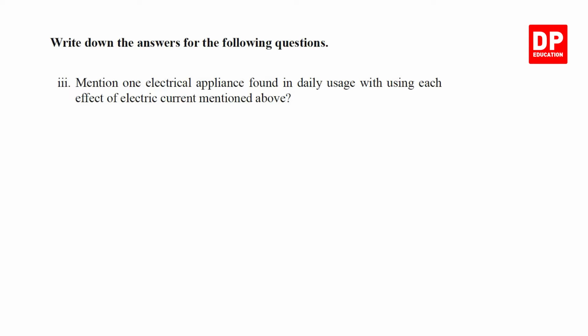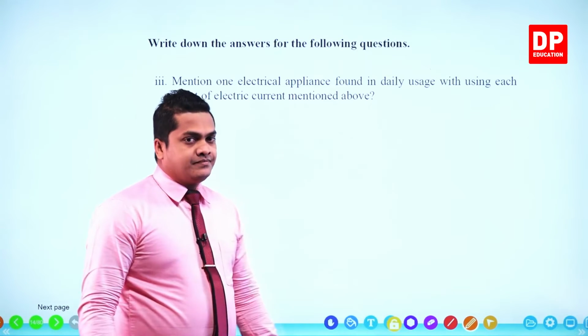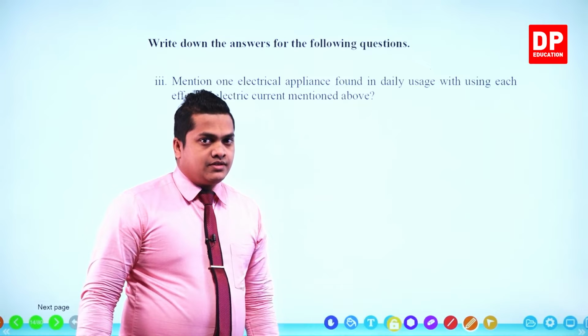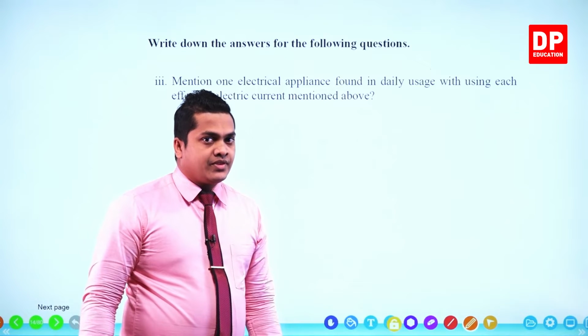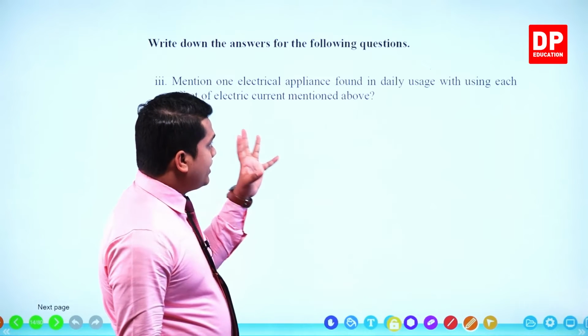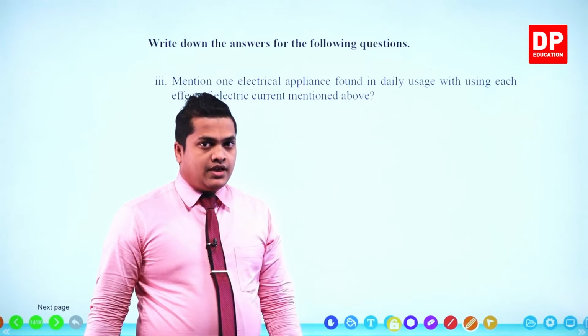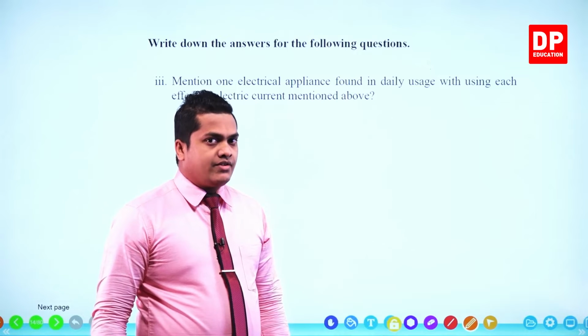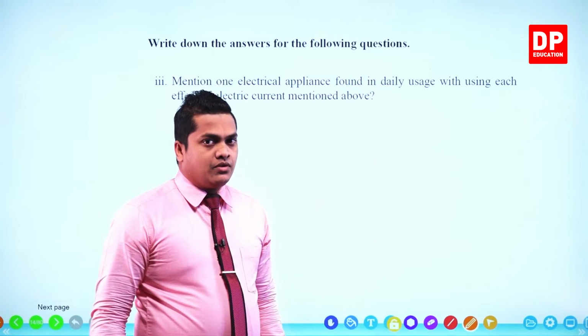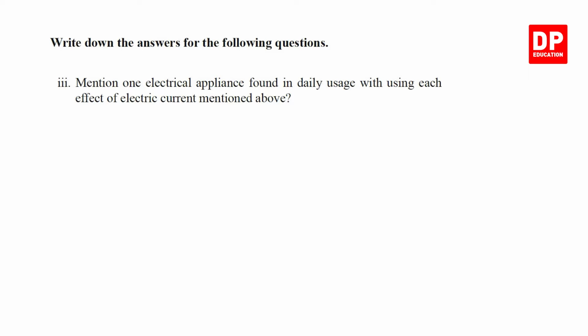Mention one electrical appliance found in daily usage using each effect of electric current mentioned above. So according to the earlier cases, you have to mention an electrical appliance that we use in daily usage for each of the above effects.